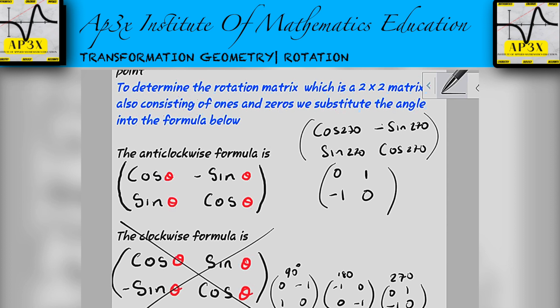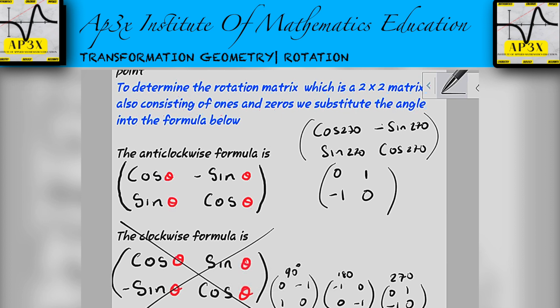So it's a bit challenging. So what I do recommend is, as opposed to studying where the ones and the zeros are and which one is negative and which one is positive, you simply bear in mind the formula cosine theta, minus sine theta, sine theta, cosine theta.